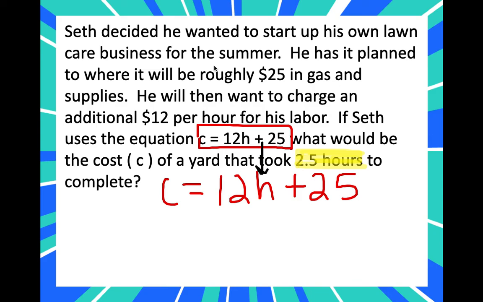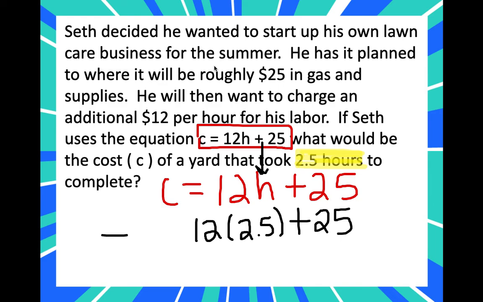All right. So all we have to do is type this in the calculator as 12 times 2.5 plus 25. You type this exactly like it looks into the calculator. So type that into your calculators, parentheses and everything.